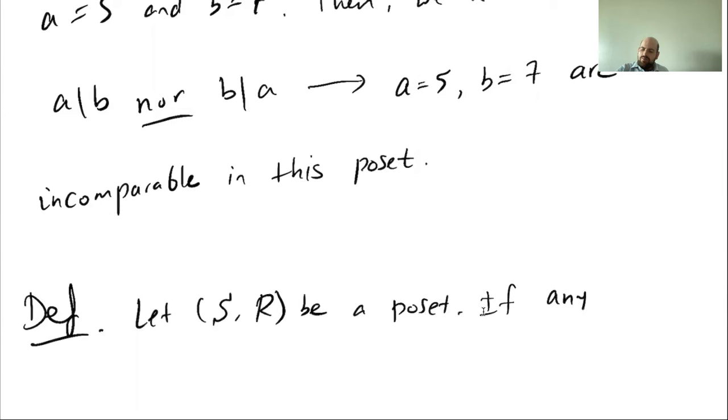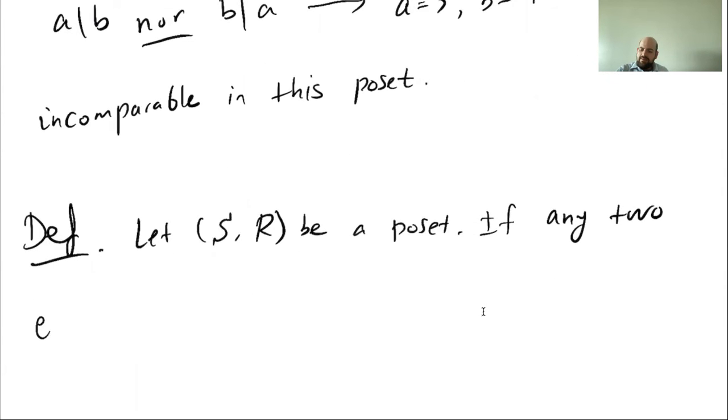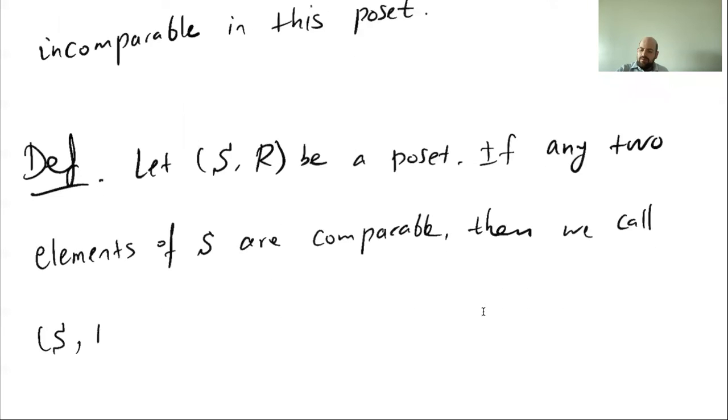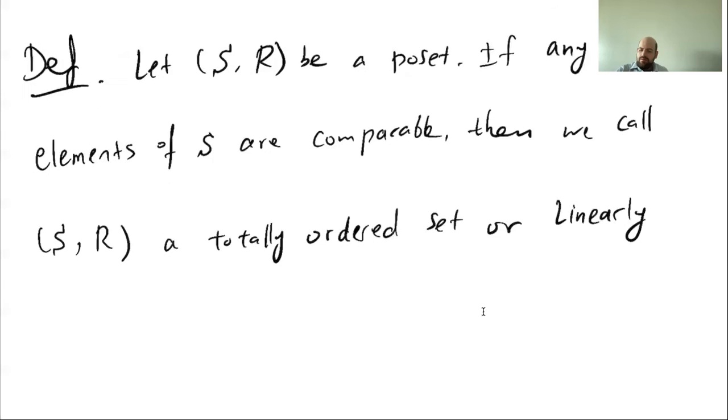If any two elements of S are comparable, then we call S and R a totally ordered set, or linearly ordered set.